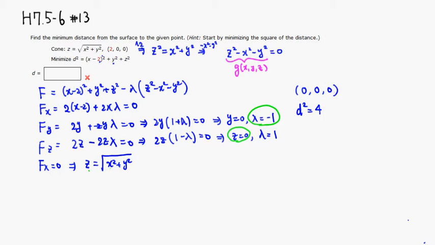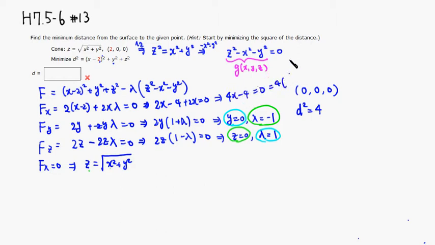Another possibility is lambda equals 1. Then y has to be 0. If lambda is 1, this equation becomes 2x minus 4 plus another 2x equals 0, which means 4x minus 4 equals 0.